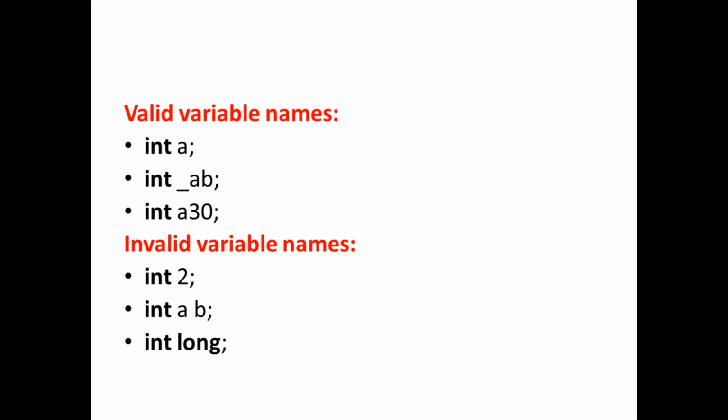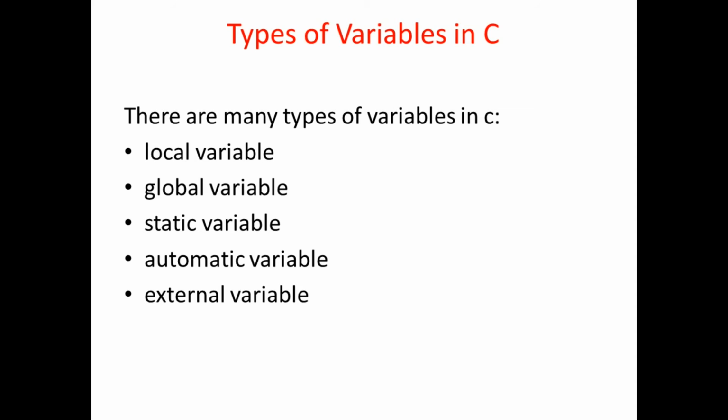Third, int a30 is allowed, since an alphabet with a number is allowed, and int long is not allowed, because long is a data type, so it is a reserved keyword, and we should not use keywords as variable names.